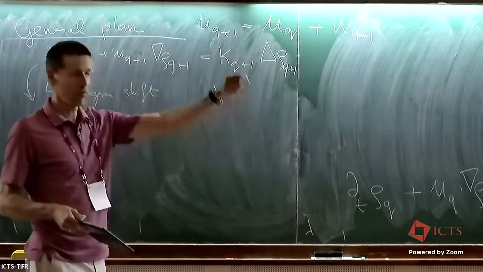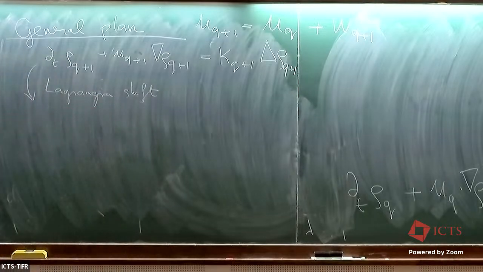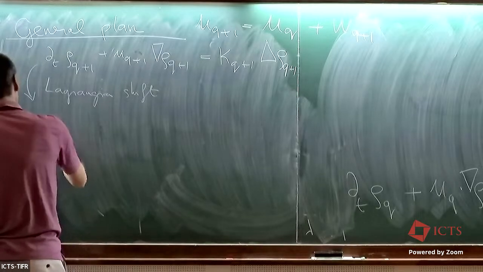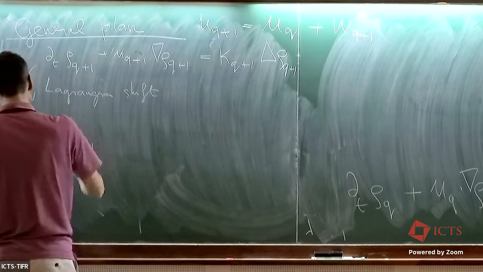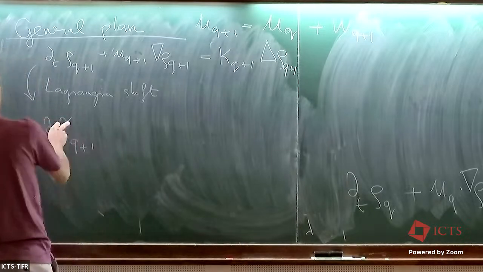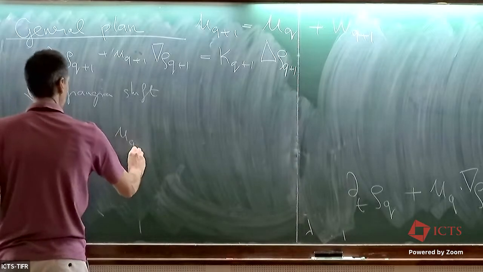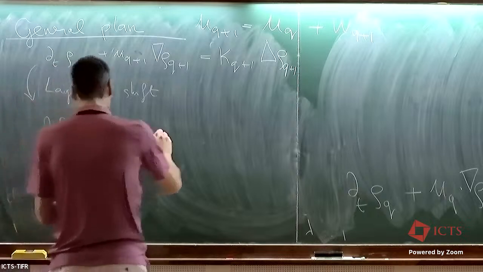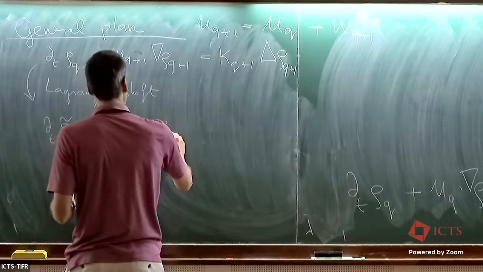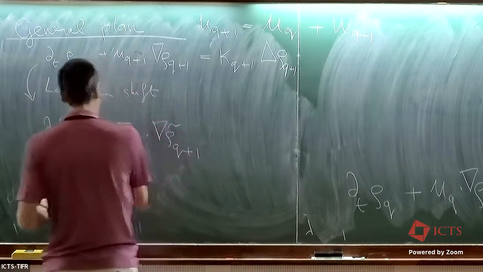I'm just with that flow, and I can basically treat it as if it was not there. So that will also change some things. So let's call that solution rho tilde. And I'm going to put a bar here.